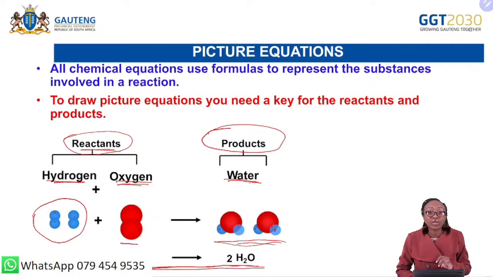Remember, the symbol for hydrogen is H. If you check the periodic table, the symbol for hydrogen is H. The symbol for oxygen is O. So hydrogen reacts with oxygen to give us water. Hydrogen reacts with oxygen to give us the molecule of a compound, water, which comprises hydrogen atoms and an oxygen atom.